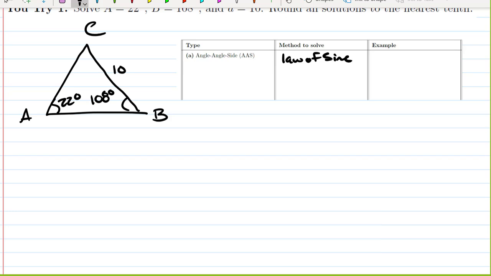And this is 8.1 you-try number 1. So the first thing we do when solving angle-side-angle is find the missing angle.